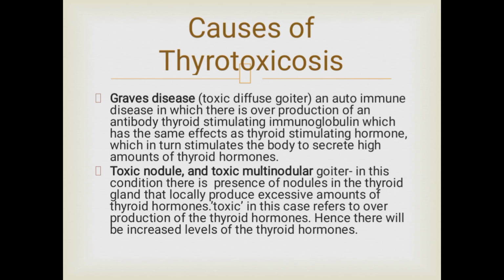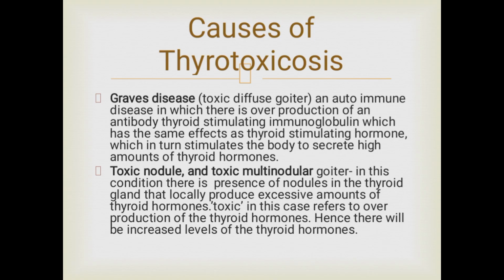Then the other cause that we have is toxic nodules or toxic nodular goiter. So if you look at the structure of the thyroid gland, you find that it has nodules. If we've got toxic nodules, a lot of nodules there, they start producing a lot of thyroid hormones.